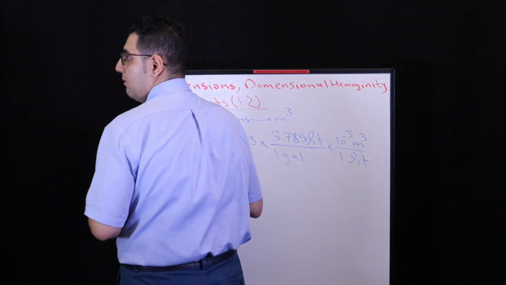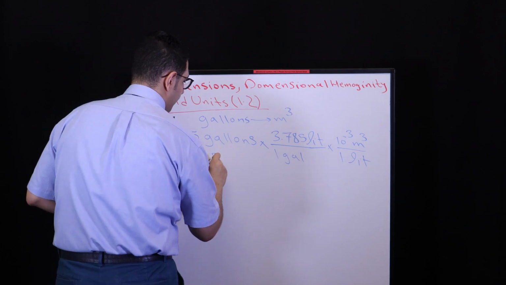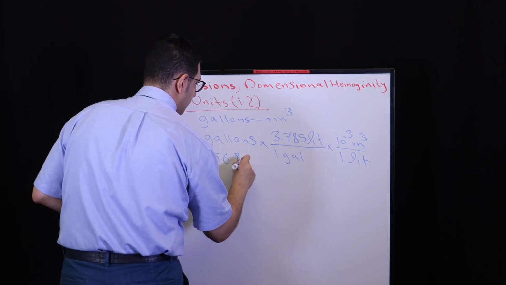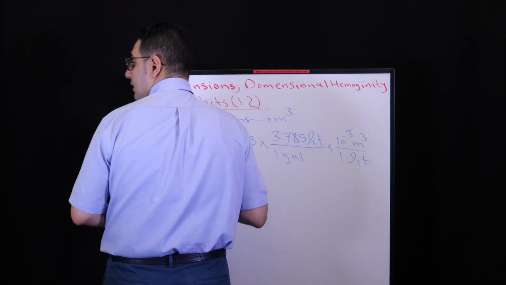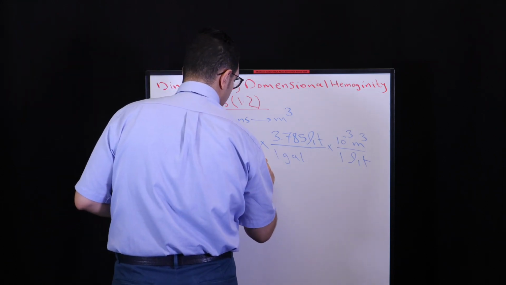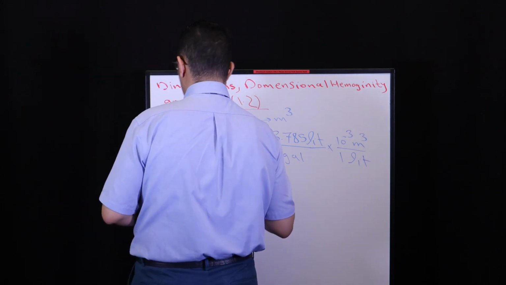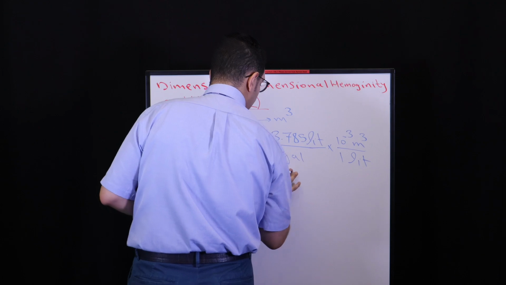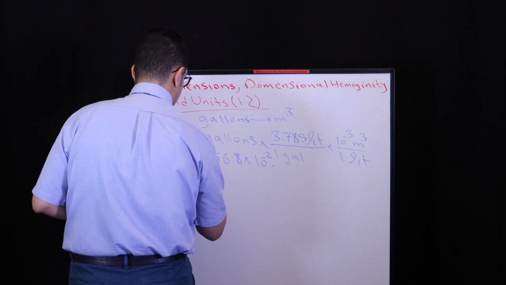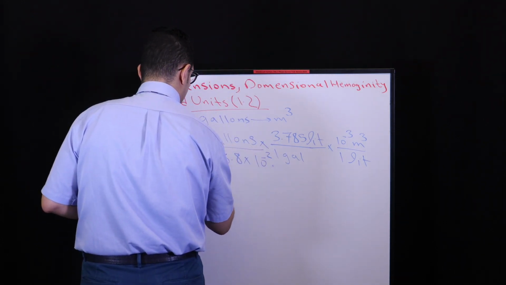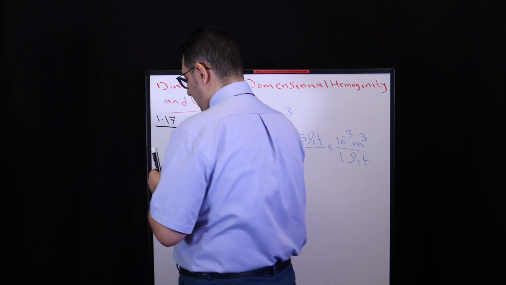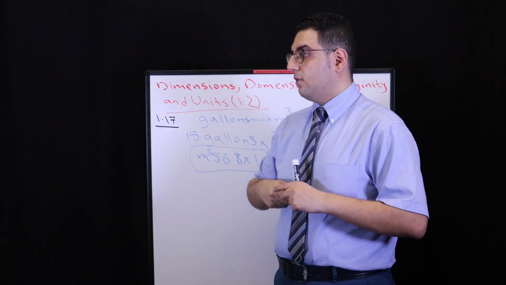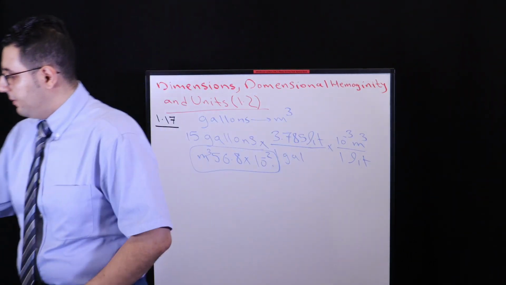Multiplication of these, we're going to have 56.8 multiplied by 10 to power minus 2 cubic meters. So, we just solved the second part. Let's go for the third part.